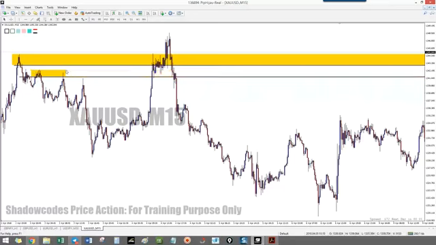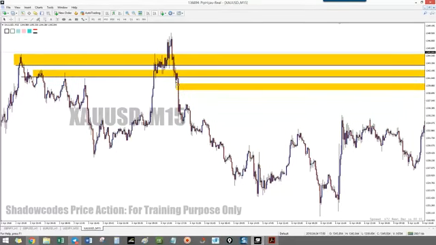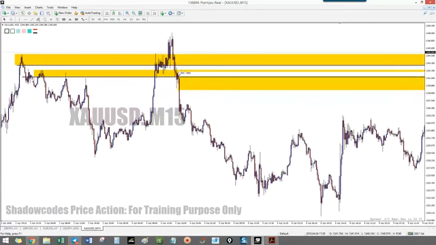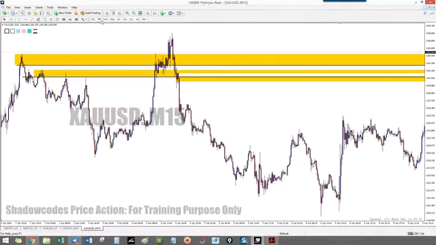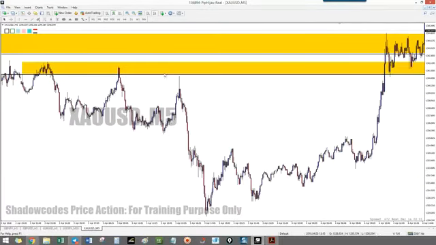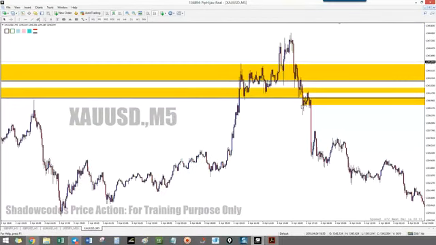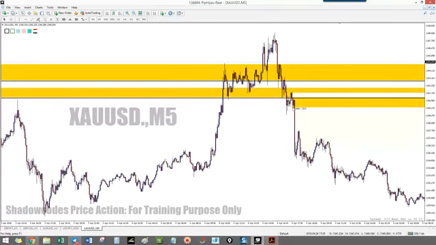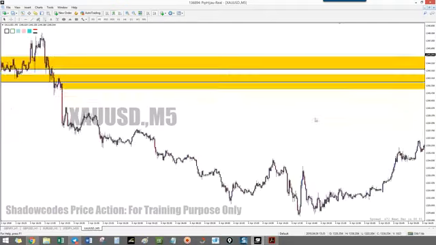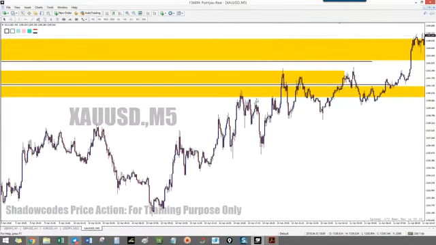I am using this decision point on M15 and then zoom out to M5. I am using this decision, I get my entry over here and get about 50 pips.